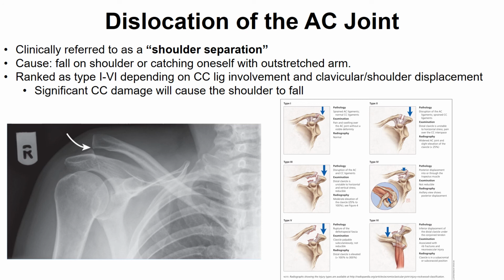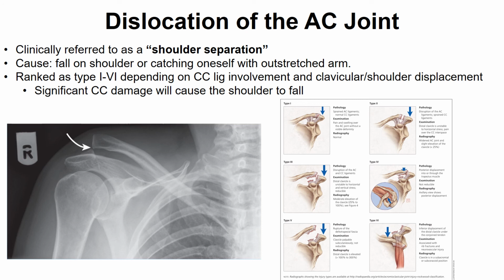When damage happens, basically the severity or the type of AC joint separation that occurs is determined by how the coracoclavicular ligament is damaged. So if you look here, here's the x-ray where you can actually see the clavicle lifted up, separating it from the acromion, and the different types of coracoclavicular ligament damage are on the right.